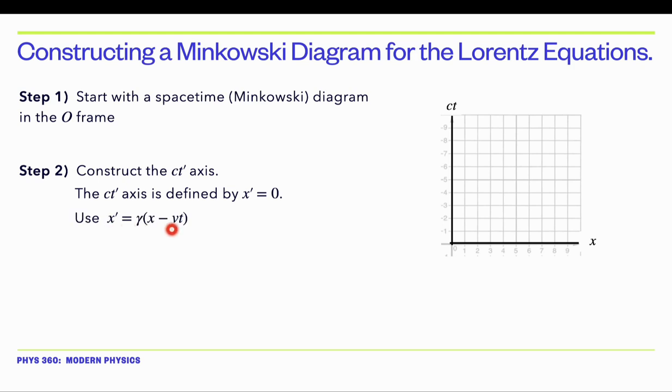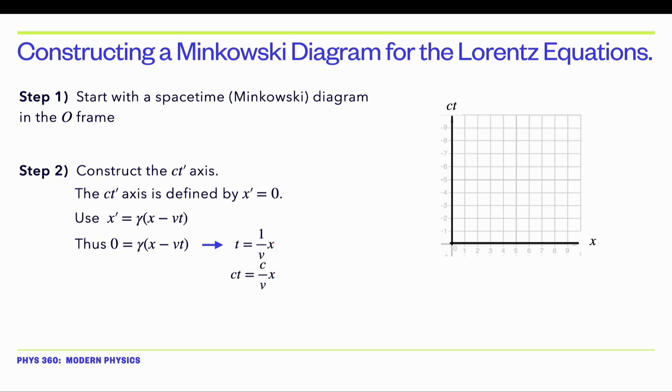If you use this Lorentz transformation equation and plug in x prime of 0 here, then that gamma factor can be divided into the 0. If you solve for t, you'll just get x minus vt equals 0, so t is 1 over v times x.